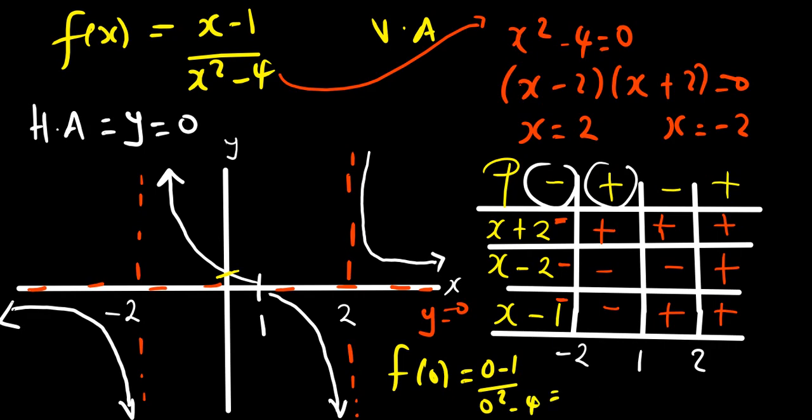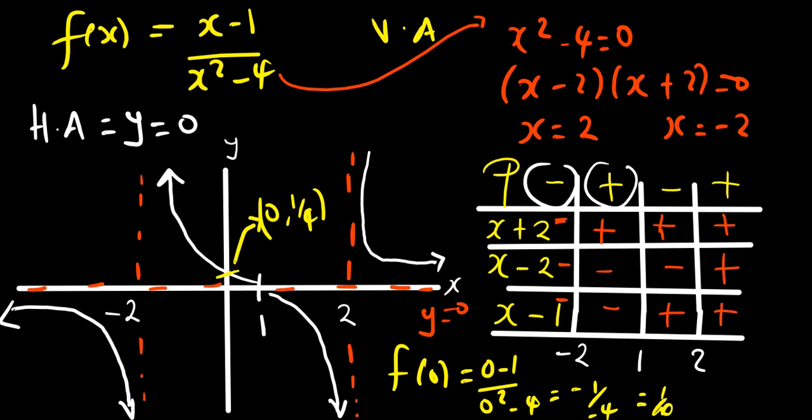On top we just have negative 1 over negative 4. So you just have 1 over 4. So the point where it's cutting the y-axis is (0, 1/4). That's that point there. Then what other thing can we show on this graph?